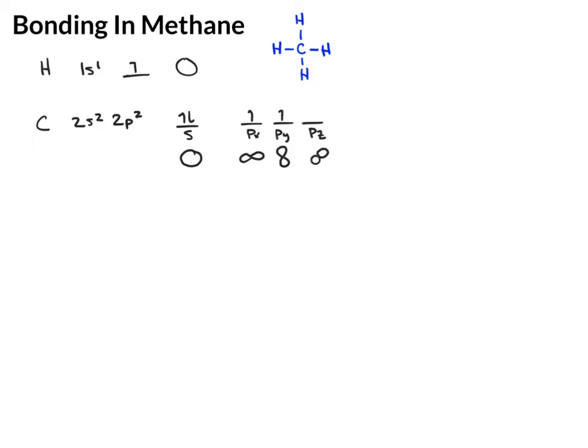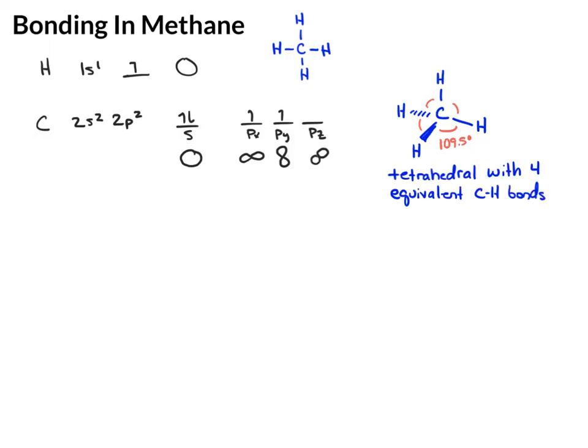But if we look at the actual structure of methane, we have a carbon with 2 hydrogens that are in the plane. One is pointed out toward you, one is going back away from you. And the bond angles between all of the HCH bonds are 109.5 degrees. They're all consistent. And methane is actually a tetrahedral molecule with 4 equivalent bonds.